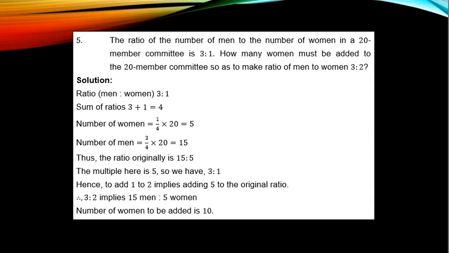Example 5. The ratio of the number of men to the number of women in a 20-member committee is 3:1. How many women must be added to the 20-member committee so as to make the ratio of men to women 3:2?